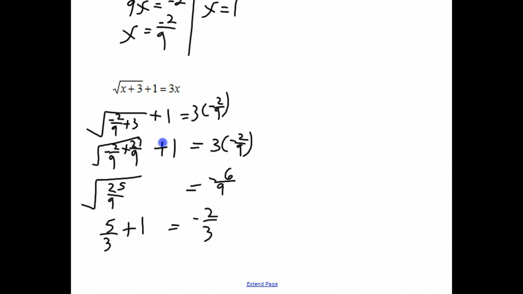And without even reducing the left side, you could certainly see that the number on the left is greater than 1 and the number on the right is less than 1. They are not equal. This was an extraneous solution, and therefore we reject it.